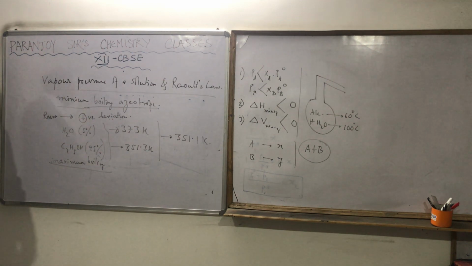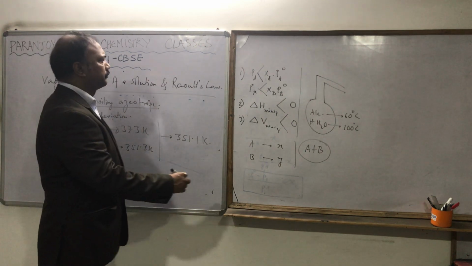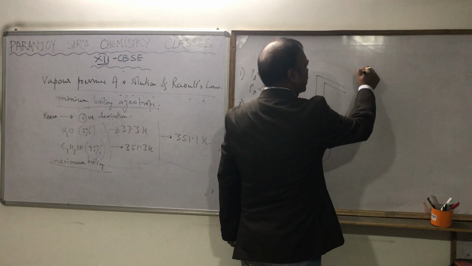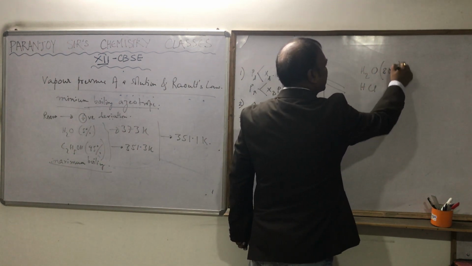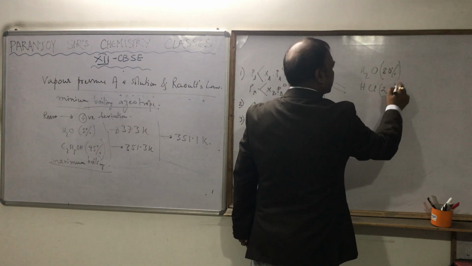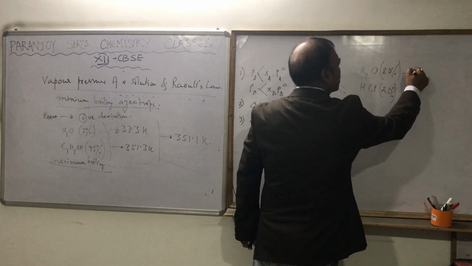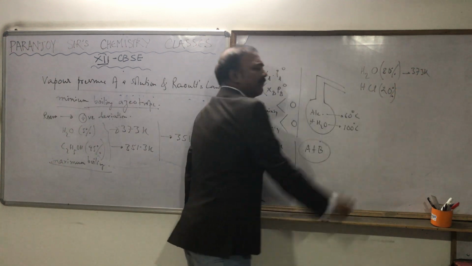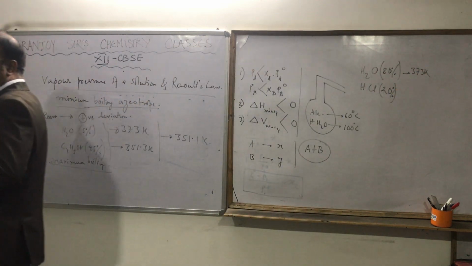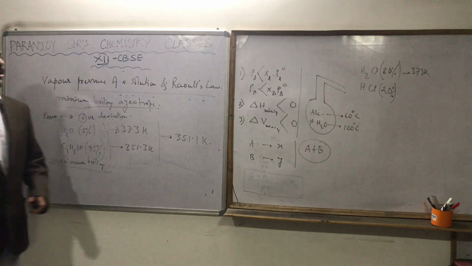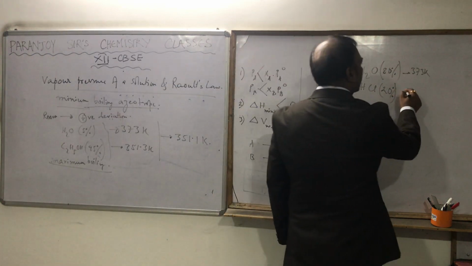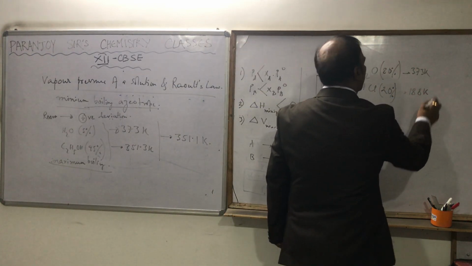For example, H2O 80% and HCl 20%. Now, you know H2O is boiling at 373 Kelvin and HCl is boiling at 188 Kelvin.